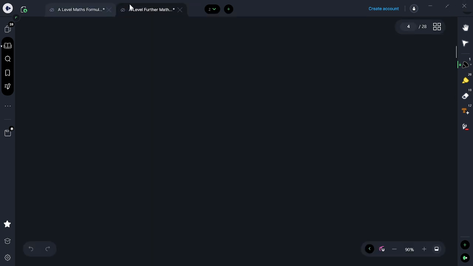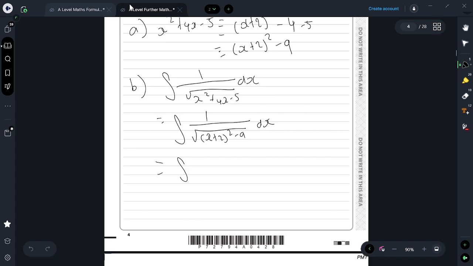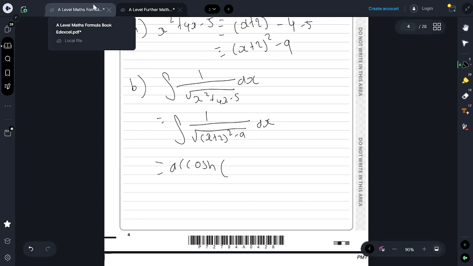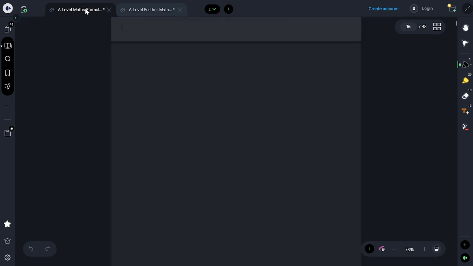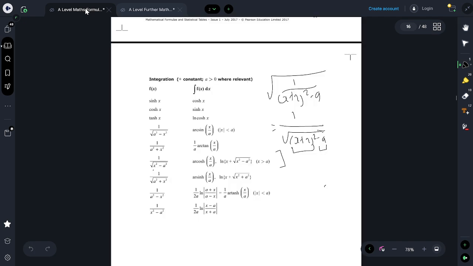So what's the integral then? Literally copy and paste it. So the integral would be, obviously, arcosh, was it, of x over a? X plus 2 over 3? Remind me, if it loads, the formula book. Oh dear. Here we are.